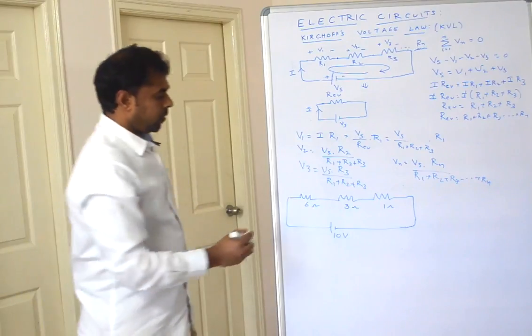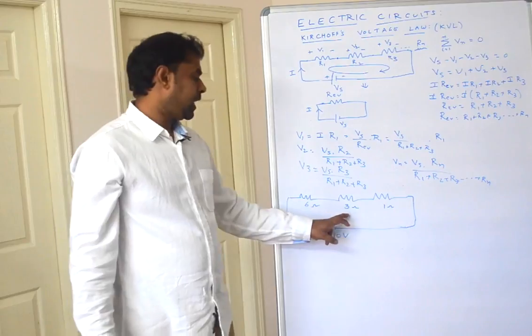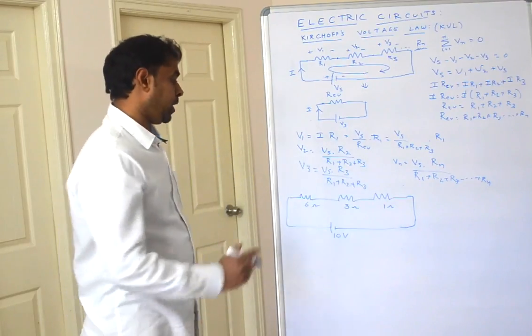There is a source and 3 elements. First element resistance is 6 ohms, next 3 ohms, next 1 ohm, I am assuming.